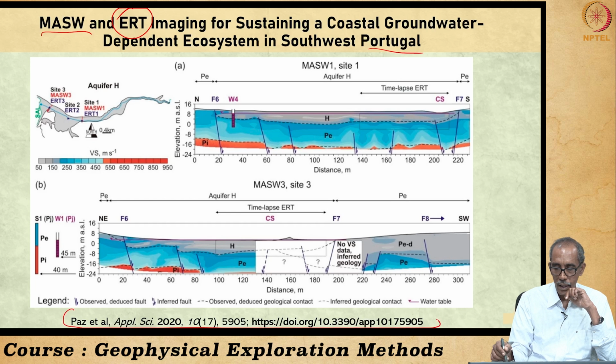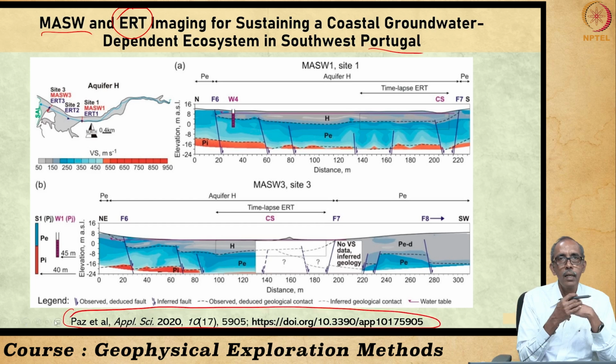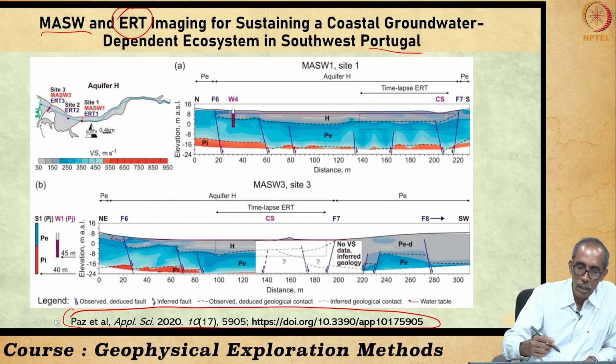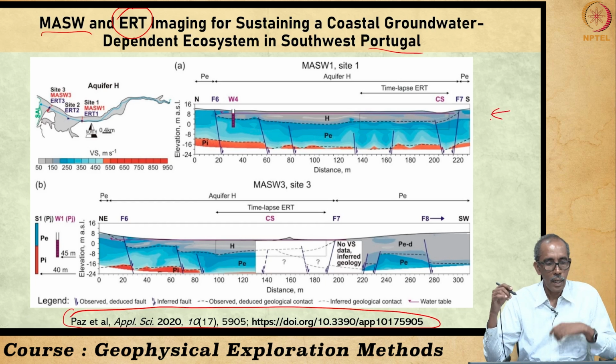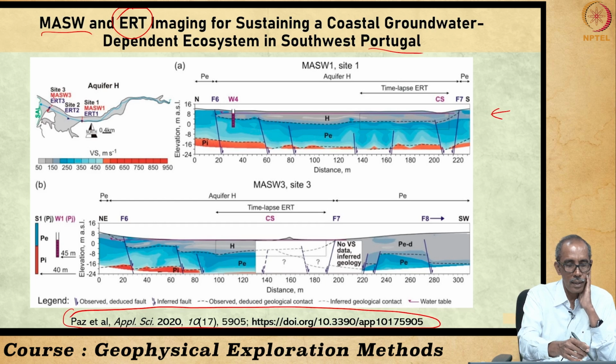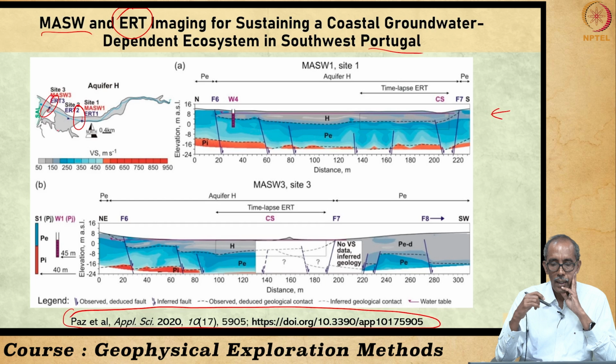These researchers have carried out a study, right, which has brought out very clearly the subsurface cross section at different locations, right? These are the locations wherein they had carried out a study, right?